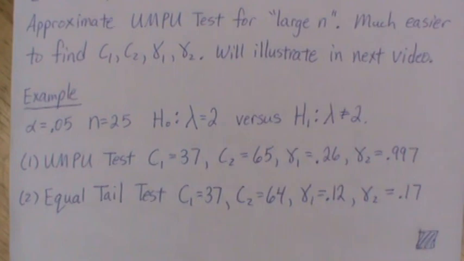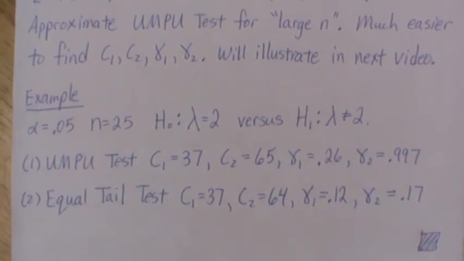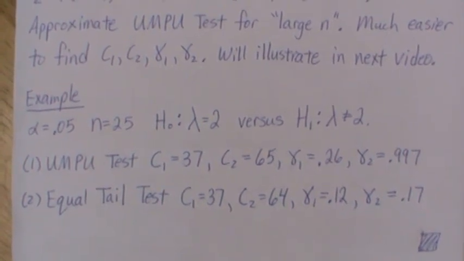So here's the test, and if you want to try to recreate these numbers on your own before you watch the next video: we do an alpha level test, sample size of 25. The null hypothesis is lambda equal to 2 versus that it's not equal to 2. The uniformly most powerful unbiased test is this condition. C1 and C2 are determined, alpha 1 and alpha 2.